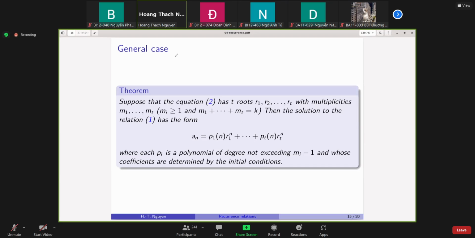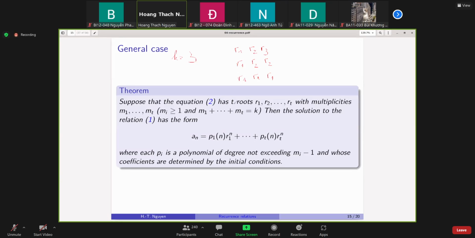For example, if k is equal to 3, then you may have the cases where you have 3 different roots, or you have a double root and a single root, or you have a triple root. Okay, so if k is equal to 4 or higher, then you have many more cases.